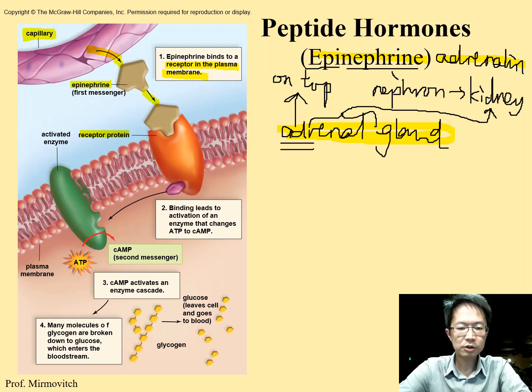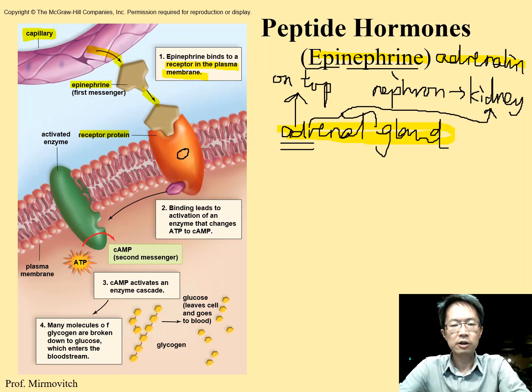When it binds to the receptor protein here, then it will trigger something called the cyclic AMP pathway, or second messenger pathway, or cyclic AMP cascade, or second messenger cascade. The picture we see here is an oversimplified pathway.